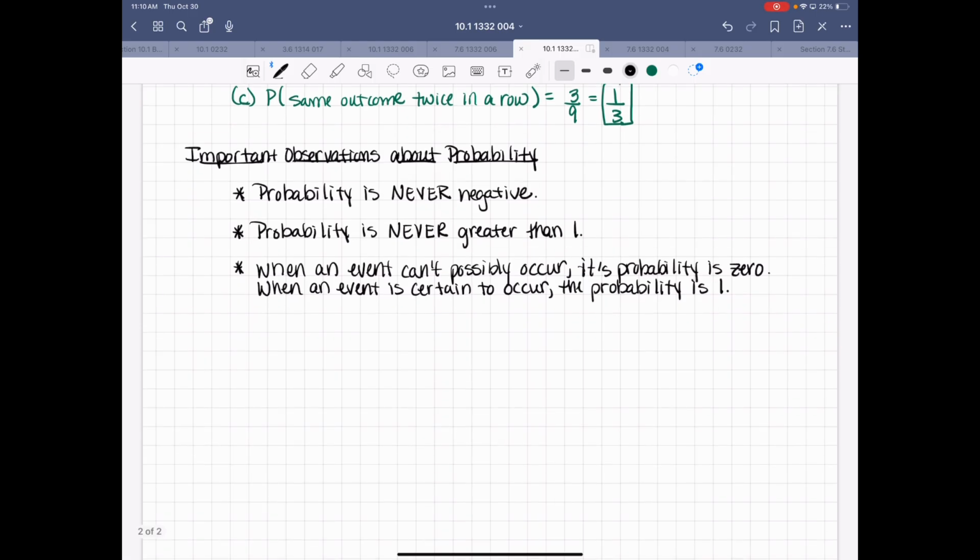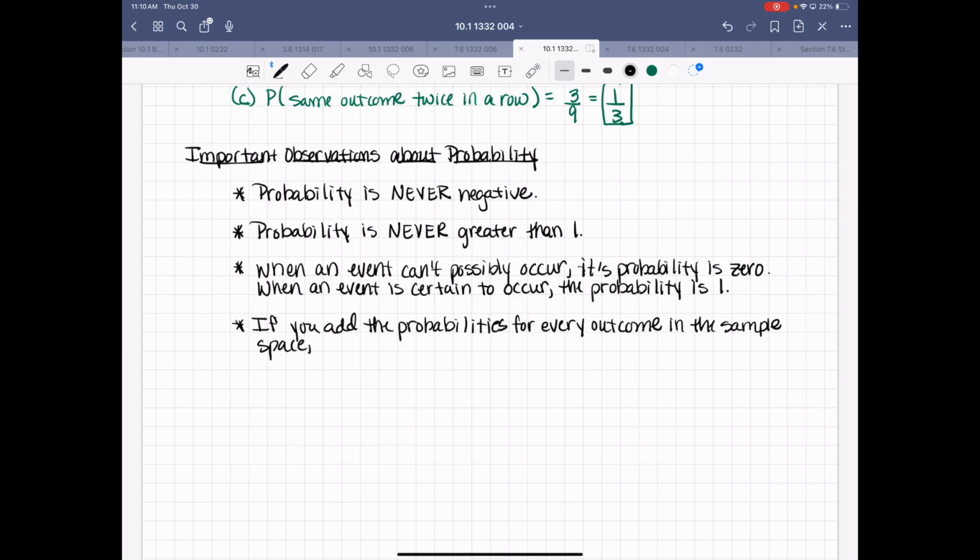If you add, last one, if you add the probabilities for every outcome in the sample space, the result is always 1.